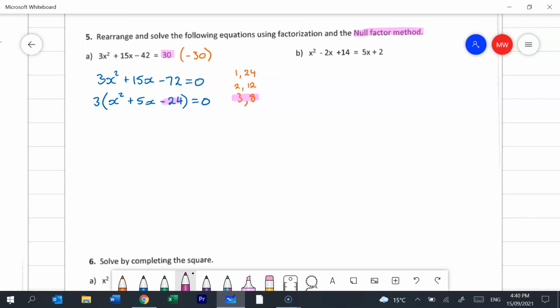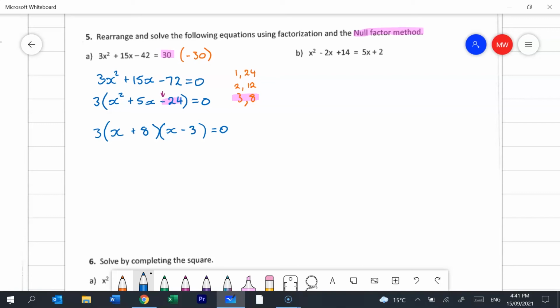The next little thing that I'm noticing is this is a minus sign here. So that means that when I factorise this, the 3 just stays there, by the way, just ignore it. It'll be x something times x something. 8 minus 3 makes positive 5, so we factorise that.